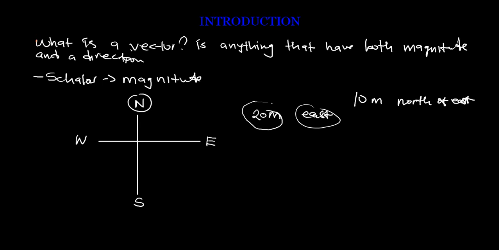Okay, so if I put, let's say, north like that, this is our vector. Our vector has a direction like this. Let's say this is 15 kilometers. Since this is 15 kilometers, you need to specify whether it is north of east or east of north. Now let's get to know how to see where the direction should start from.